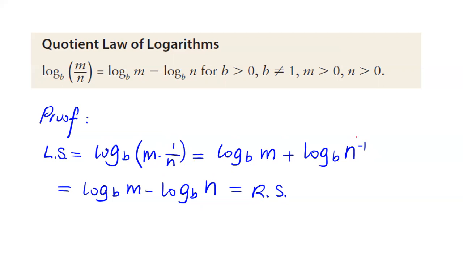And according to the power law of logarithms, we can just put the -1 in front, which is logarithm base b of m minus log base b of n, right? Which is exactly the right side. So the quotient law of logarithms states that the logarithm base b of m over n can be written as log base b of m minus log base b of n. Understand?